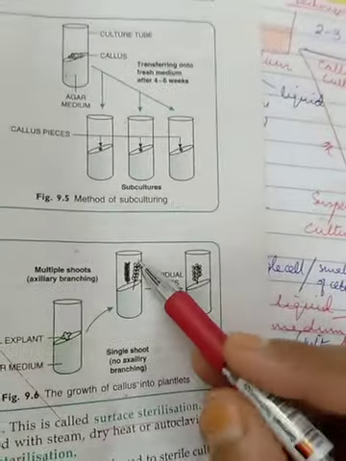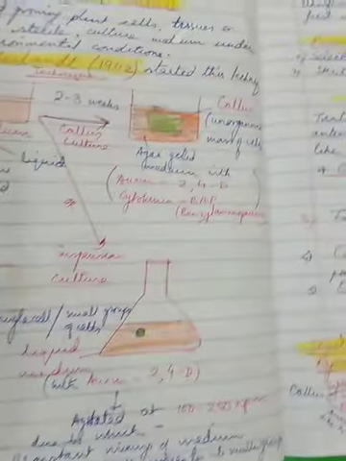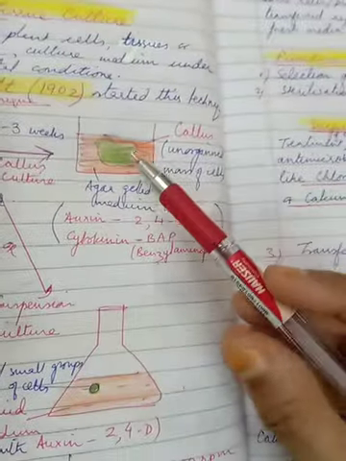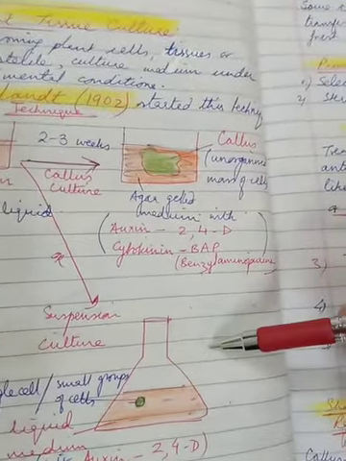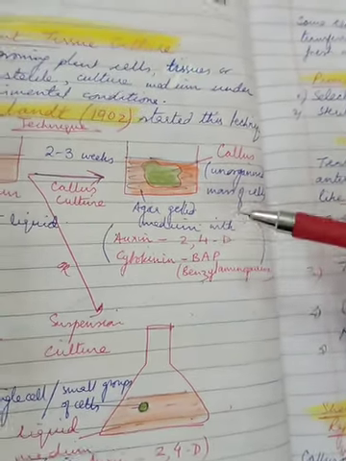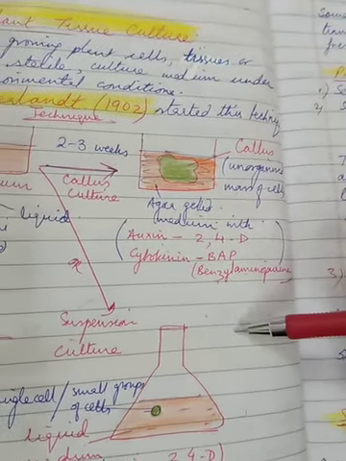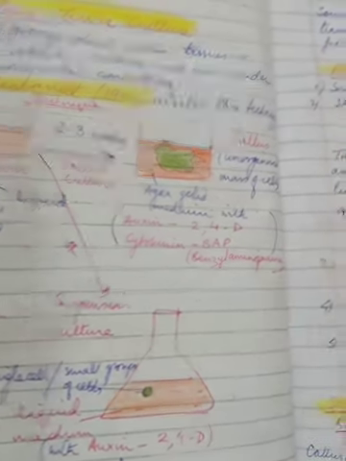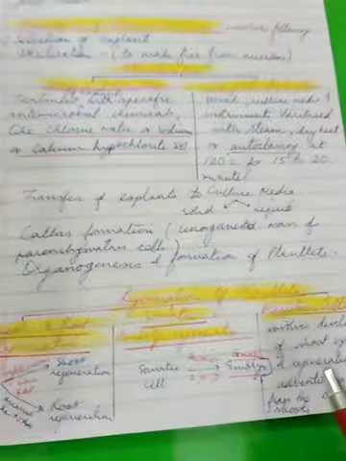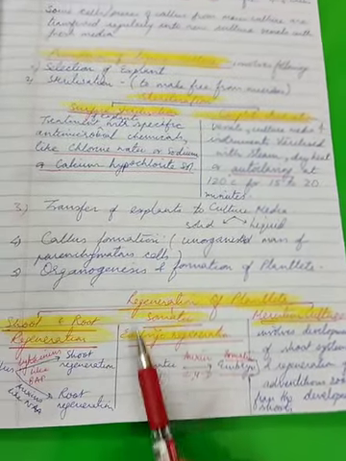Then we can produce transgenic plants. Today a lot of transgenic plants have been obtained, which normally cannot be produced by sexual reproduction, and also isolation of protoplast, right?